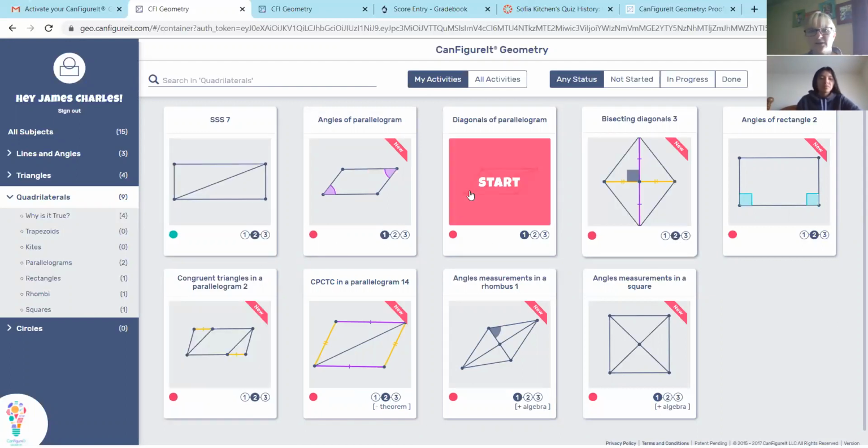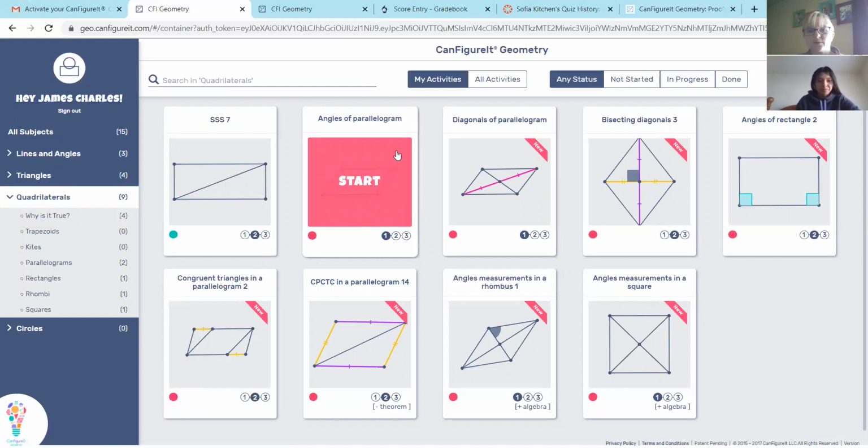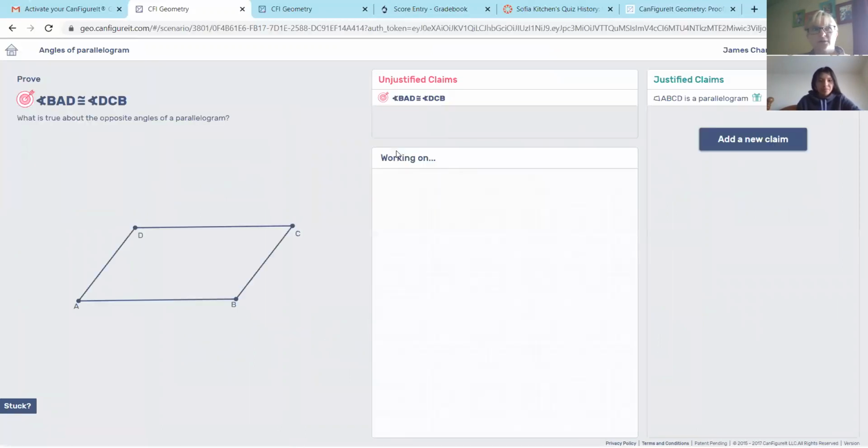So we'll do a level 1, but then maybe we'll do a level 2, because that will be good for us. Okay. So again, we hover over that and it shows us what we're trying to prove, and those would be considered opposite angles, right? From the quadrilateral stuff that you did.